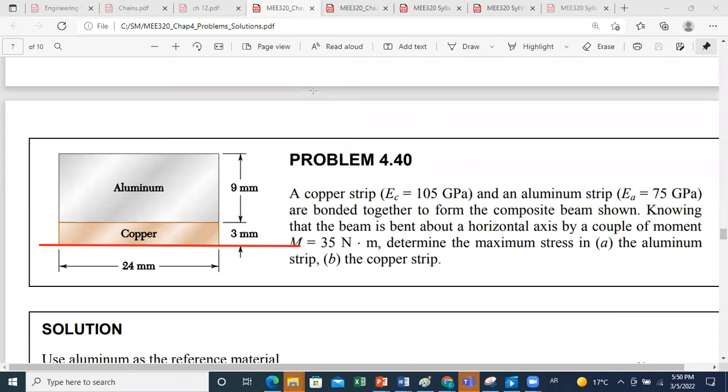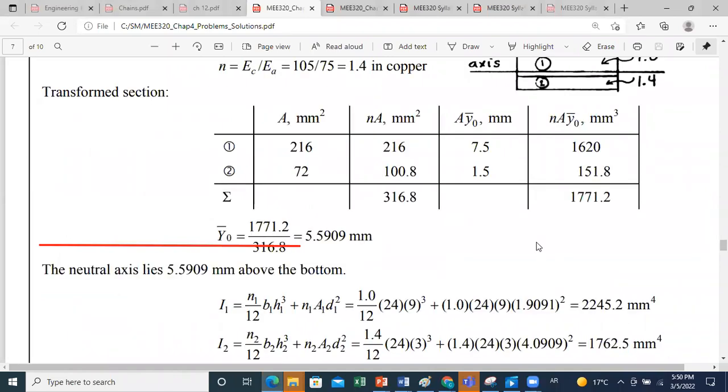So as we said, for area 1, y bar is 7.5 millimeter. For area 2, y bar is 1.5. Then we can compute nA, which is the modified area, times y bar 0 for each part. So now we get n times A times y bar 0 for each part, and then we can do the summation.